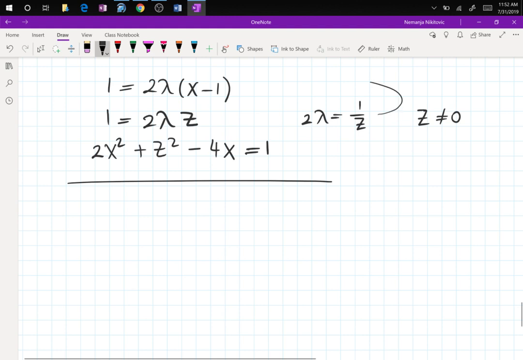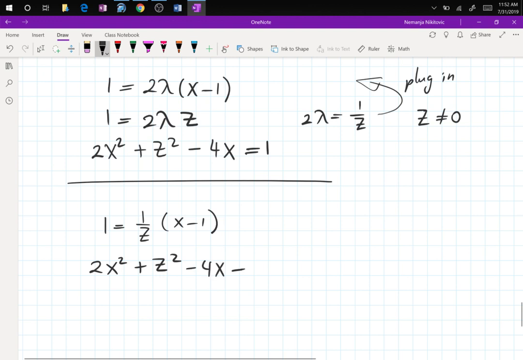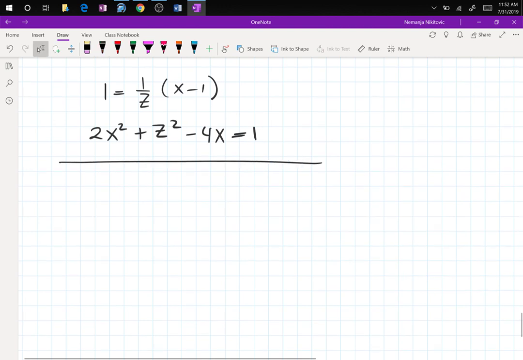Now we plug in. Remember what I do. I write 1 equals, instead of 2 lambda, I have 1 over z. And then I have x minus 1. And I am still copying the second equation. I haven't touched it. But again, I put them together, and look, it becomes a completely new problem, independent from everything before.